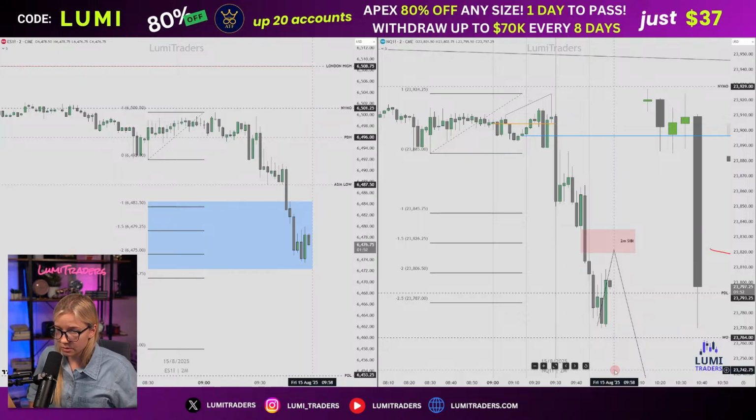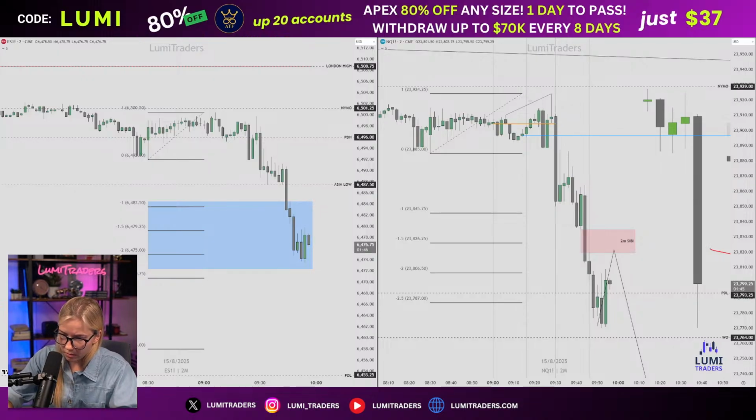Yes, have micros. Just add it's going to be micro CL, micro gold. For silver, it's going to be a bit different.